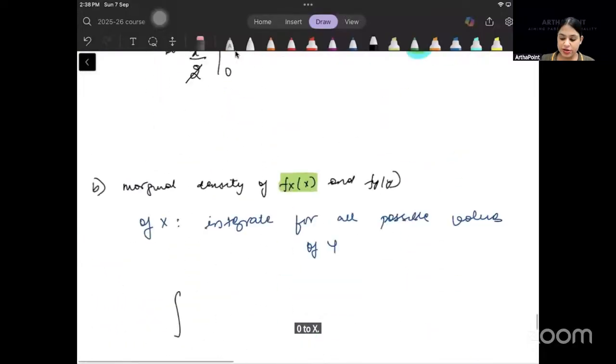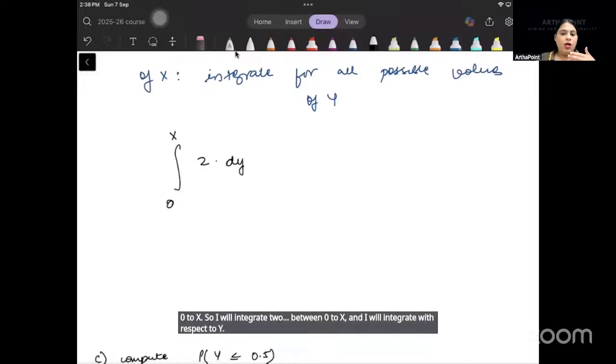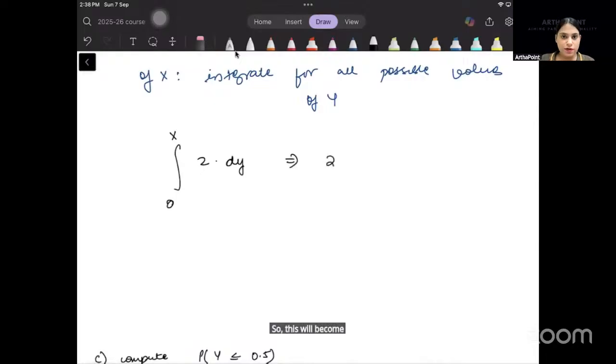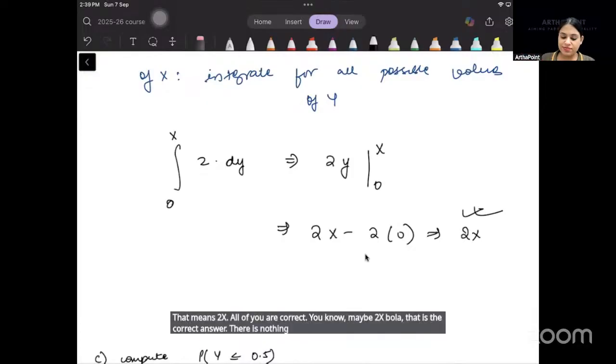So I will integrate 2 between 0 to x with respect to y. So this will become 2. Integration of 1 will become y, beta, from 0 to x. So this will become 2x minus 2 into 0. That means 2x. All of you are correct. Whoever said 2x, that is the correct answer. There is nothing wrong there.